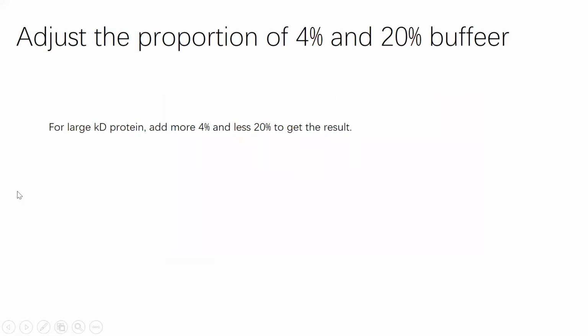Another thing I want to show here is that you can adjust the preparation of the 4% and the 20% buffer to run proteins of different weights. So for a larger kilodalton protein, you can add more 4% and less 20% to get a result.